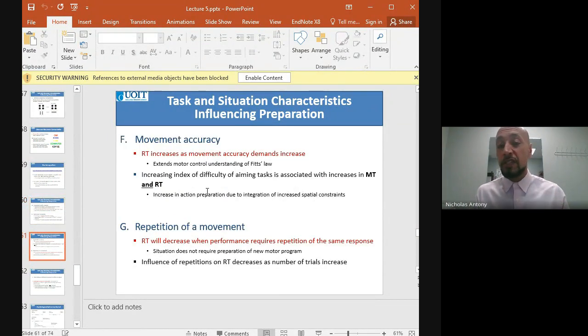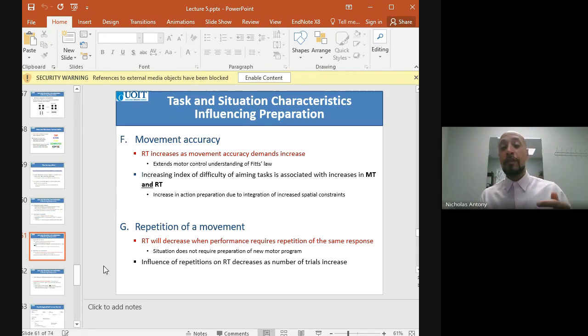Same thing with accuracy. When the movement that is required needs to be more accurate, it increases reaction time, and therefore increases action preparation. You probably have to constrain your body to more specific things.